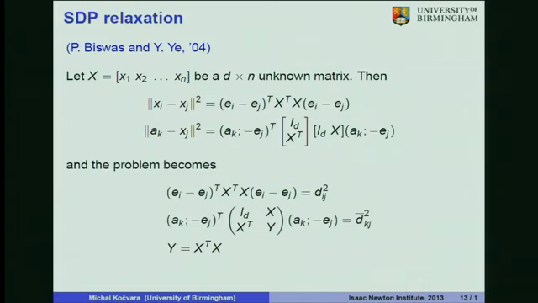So x1 is a vector with 2 or 3 coordinates, x2 is another vector. So I will get a narrow rectangular matrix of unknowns. And clearly the square of the norm of xi minus xj is the same as X transpose X, multiplied from the left and from the right by ei minus ej.